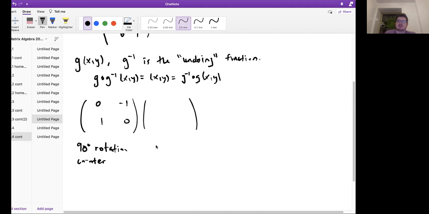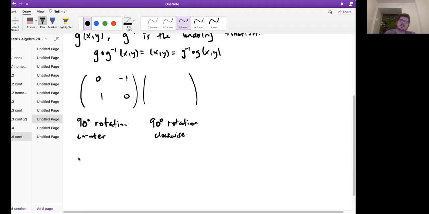So what is the inverse of the 90-degree rotation? It's the rotation clockwise. So in the matrix, you'll see this in the homework, but this is the rotation matrix.